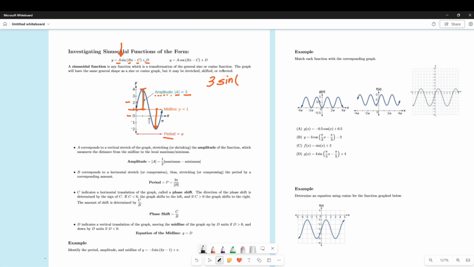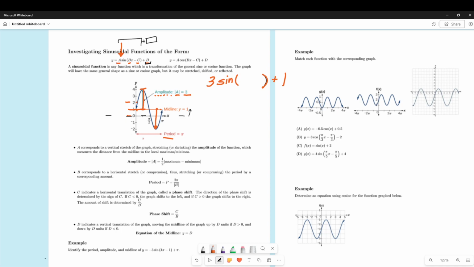As I said, this number on the outside, that d, it's going to determine our midline. It's going to take these function values, whatever they are, and just add a constant amount to it. So since this midline is up at positive 1, we're going to be taking whatever our function is and just adding 1 to all of those values.